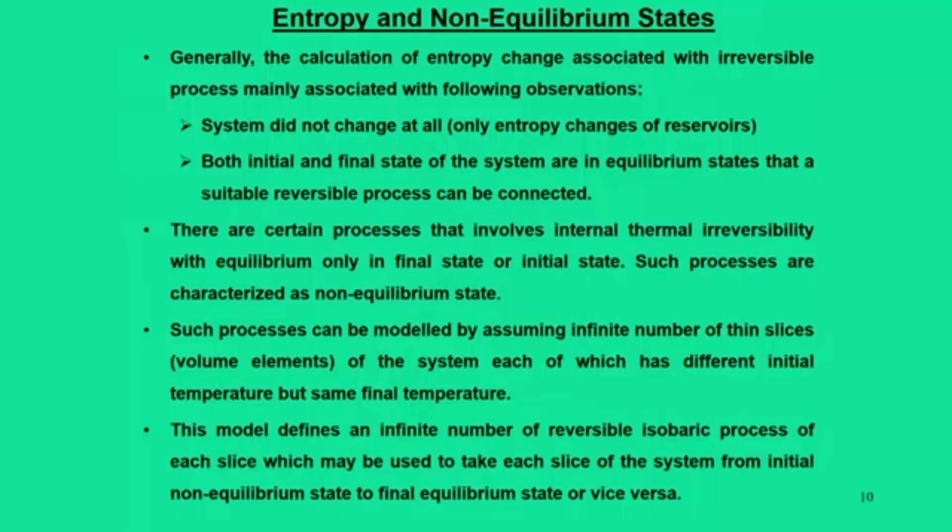So now we can do the integration. Sf minus Si for the system equals rho A Cp integration of ln of Tf by (T0 minus (T0 minus TL) x by L) into dx.